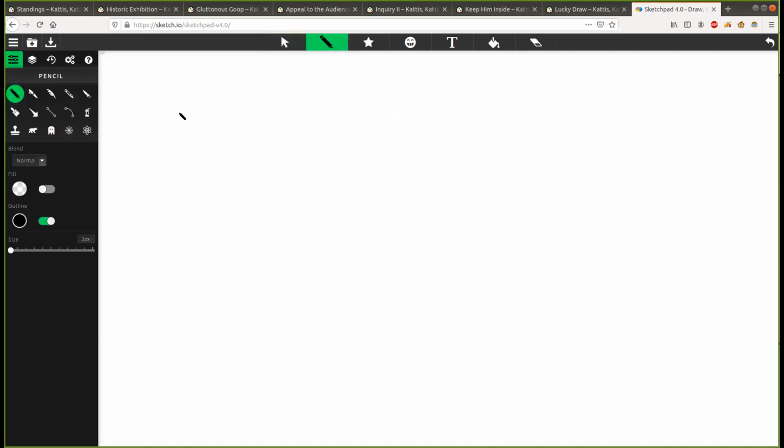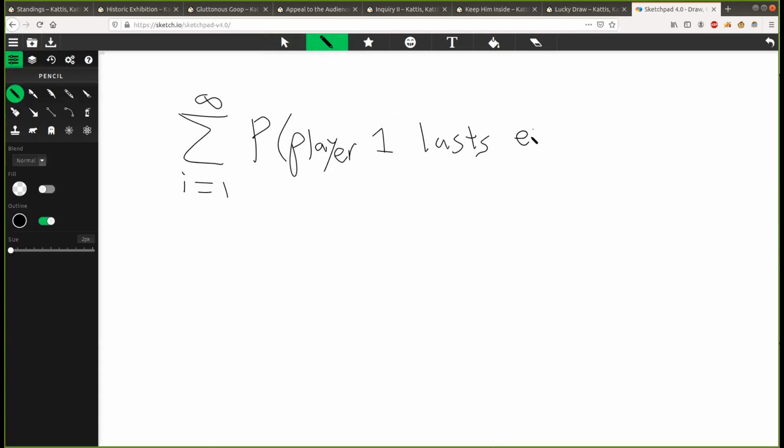So the way we can do this is to say sum from I equals 1 to infinity of the probability that player 1 loses, let's say lasts exactly I turns, and the probability that every other player lasts strictly less than I turns.